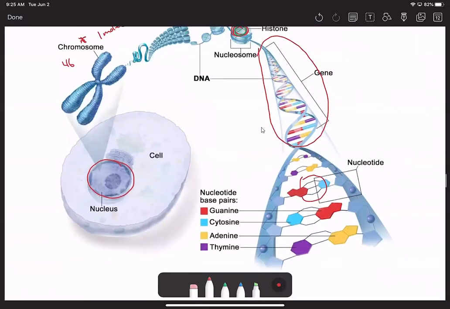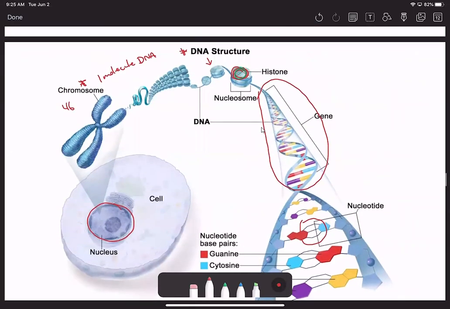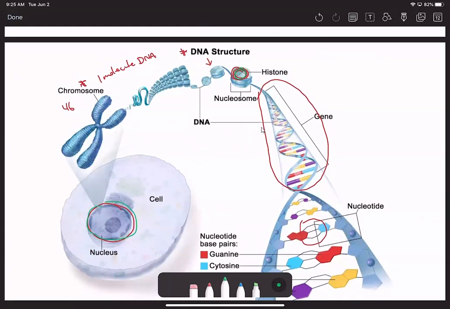As we're looking at these, this nucleus here has what we call nuclear pores on the surface. Our chromosomes, our DNA, is too big to get through those nuclear pores.